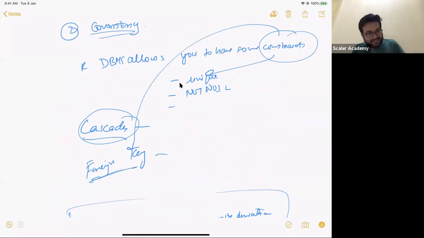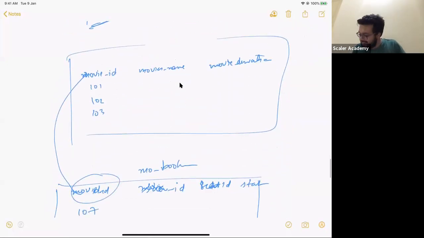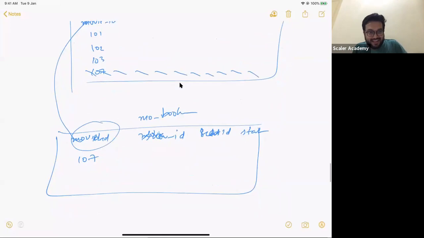Now, what are cascades? Cascades basically means that let's say there was a 107 before, and now let's say I had a fight with the owner of that movie, the producer, and I cannot or do not want to show his movie anymore. I'm very angry, I say I won't show your movie, I'm done with you. So what will happen then? If I just remove this entry here, you would want to have consistency maintained, so you would want to have cascade deletes, right?